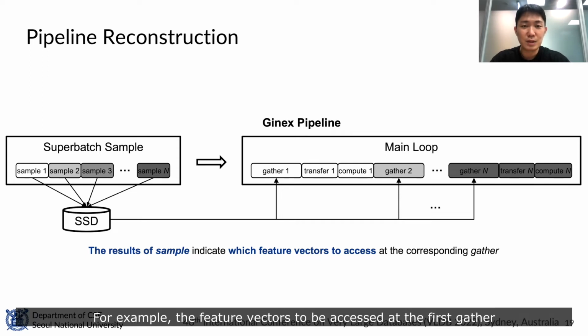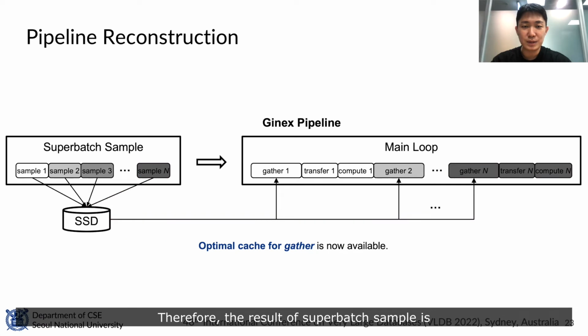For example, the feature vectors to be accessed at the first gather is the one sampled at the sample one. The same goes for the next batches, like this. Therefore, the result of superbatch sample is data access traces of the following gather operations. By analyzing these traces, we are now able to implement optimal caching mechanism for gather operations.